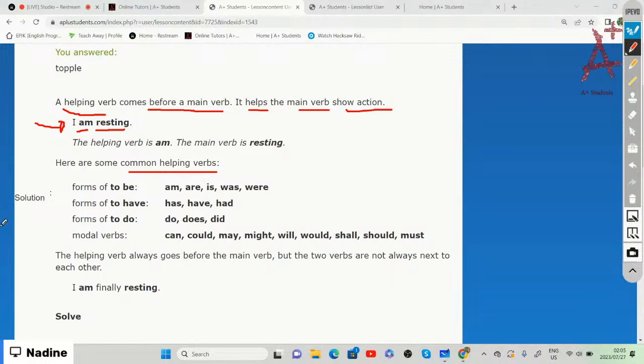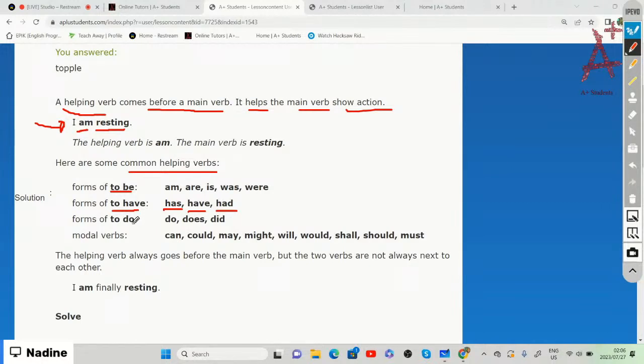Then we have the ones that form to have, right? And to have is has, have, or had. So has, have, or had.